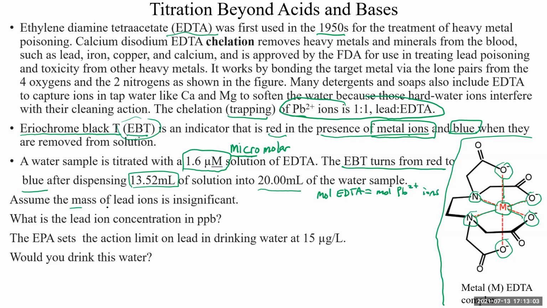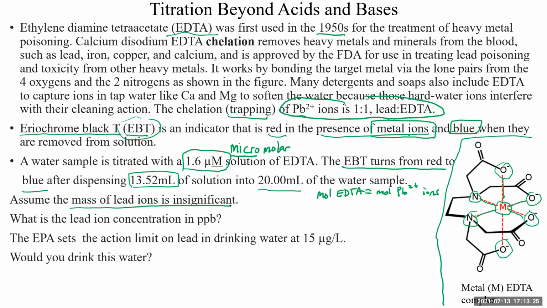So assume the mass of lead ions is insignificant. It's going to be insignificant because we're talking about parts per billion here, which means the mass of lead is really going to be virtually nothing compared to the mass of the entire solution, because this is not per liter, this is per kilogram of solution.